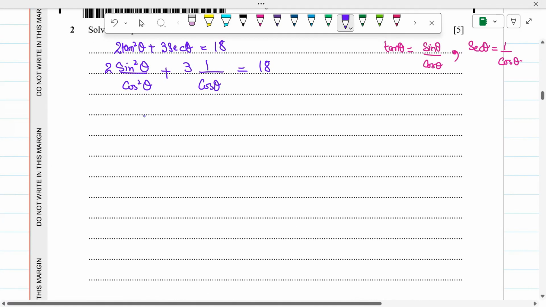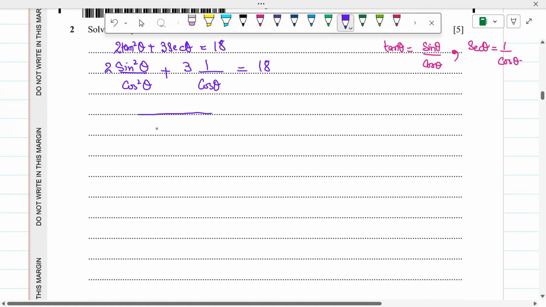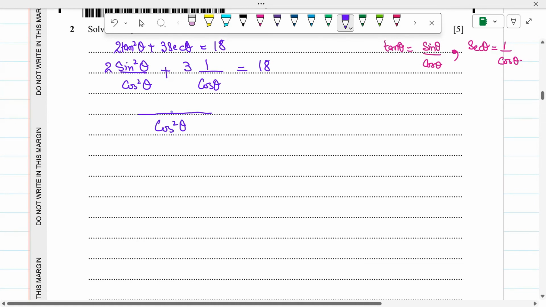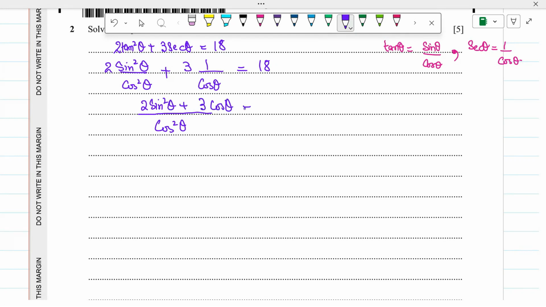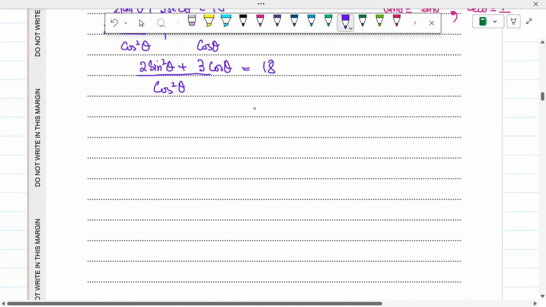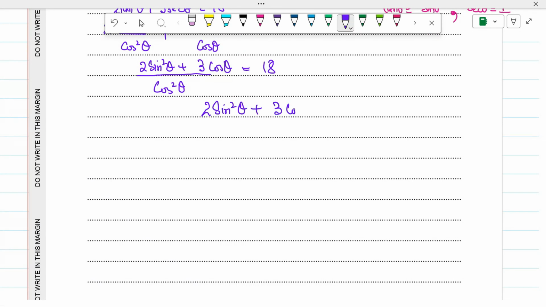We can solve it further by taking the LCM, cos square theta, and this will be 2 sine square theta plus 3 cos of theta is equal to 18 times cos square theta.